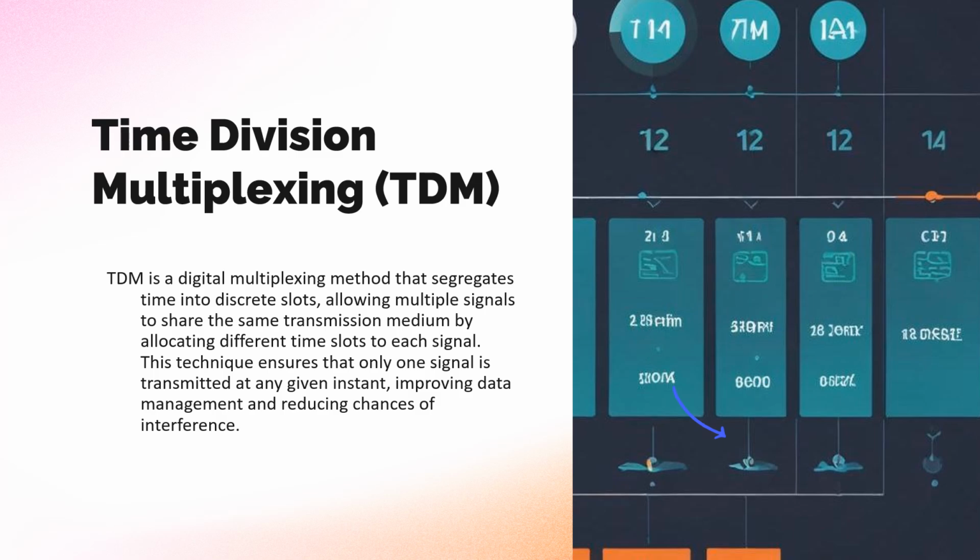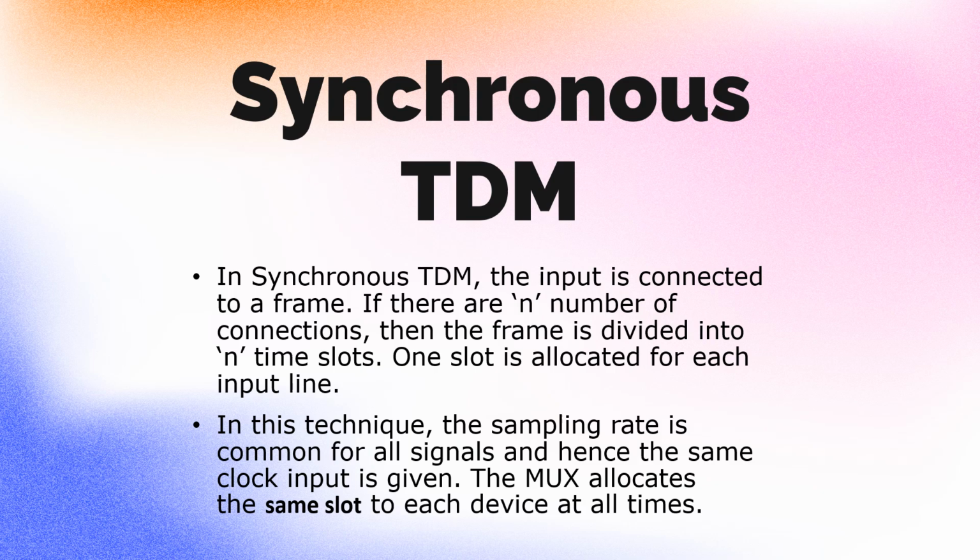TDM is a digital multiplexing method that segregates time into discrete slots, allowing multiple signals to share the same transmission medium by allocating different slots to each signal. This technique ensures that only one signal is transmitted at any given instant, improving data management and reducing chances of interference. In TDM, we have two types.